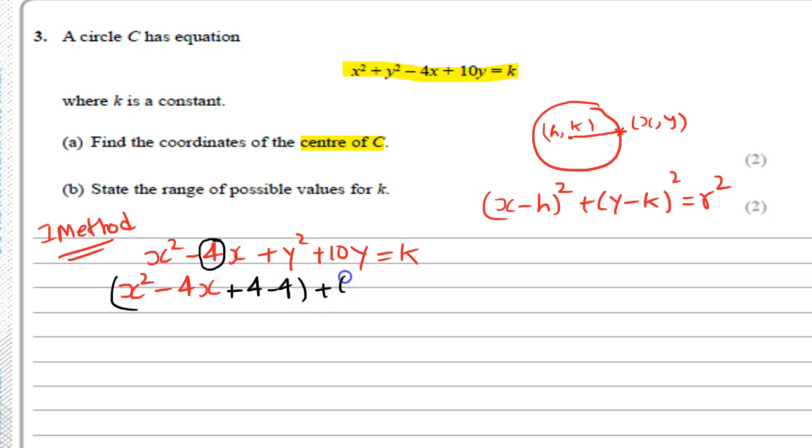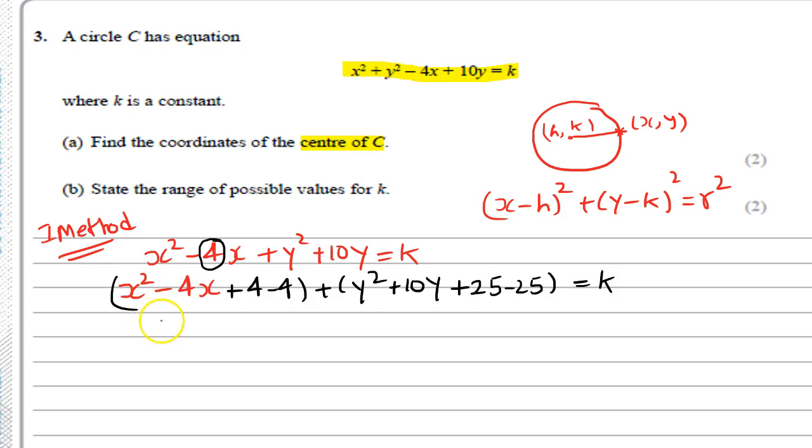Now we are going to do the same thing for y square plus 10y. Half of 10 is 5. So we are just doing completing the square. If you want, you can do it your way as well, but this is my way. Half of 10 is 5, then we add 25 and take away 25, and that is equal to k.